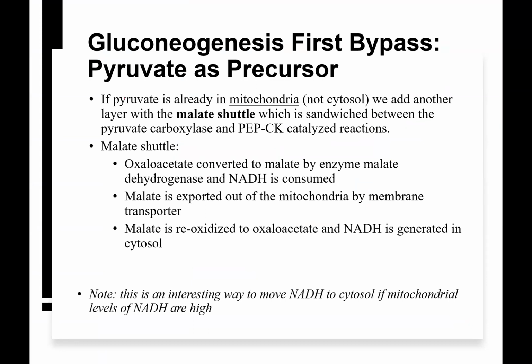If our pyruvate is in the mitochondria, we're going to add this additional layer that is known as the malate shuttle. And in the malate shuttle, which we're going to see visualized on the next slide, there are certain things that happen. Oxaloacetate is converted to malate.